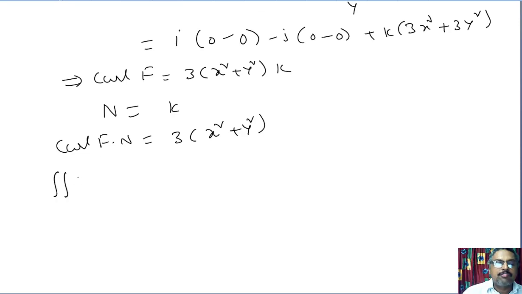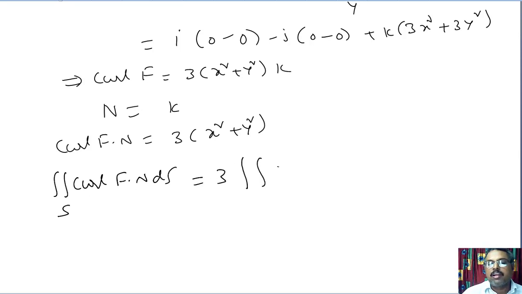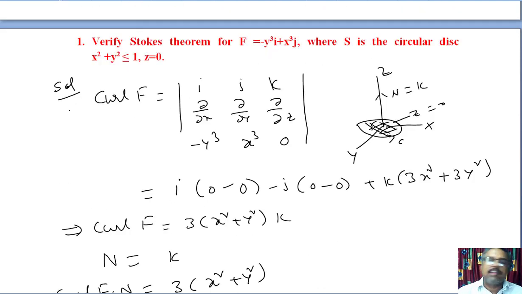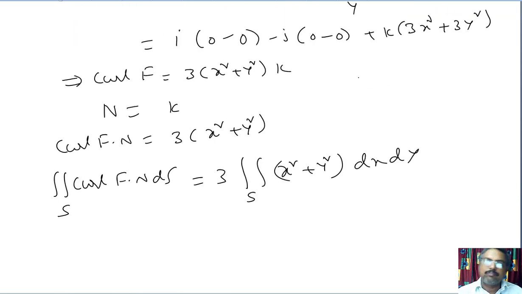The double integral of curl F dot n dS over the surface S equals 3 into the double integral of (x square plus y square) dx dy over the surface. Here you can directly apply the limits, or you may change into polar coordinates, then no problem.